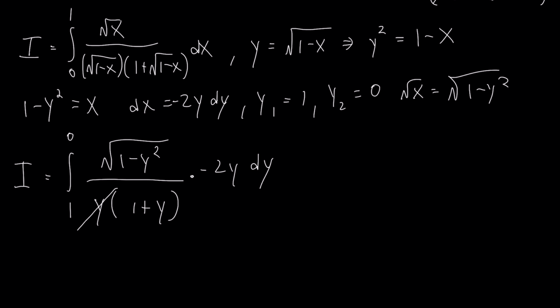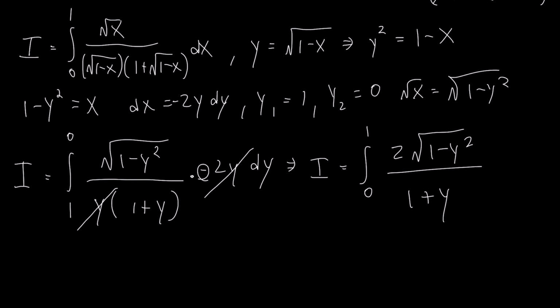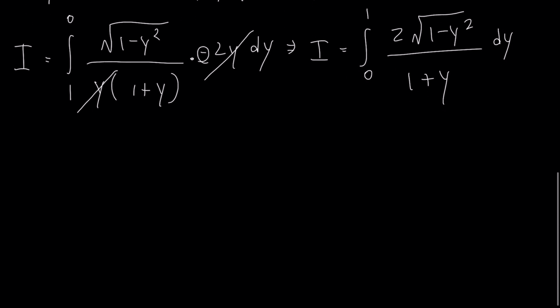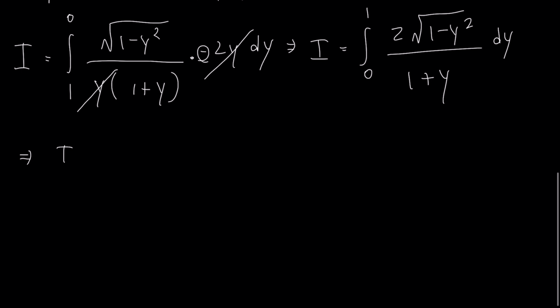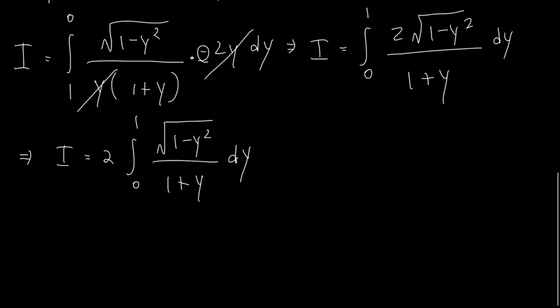But as you can see, this y cancels, and we can use this negative to flip the bounds of integration. So we have I is the integral from 0 to 1 of 2 square root of 1 minus y squared divided by 1 plus y, dy, which means that I is twice the integral from 0 to 1 of the square root of 1 minus y squared divided by 1 plus y, dy.